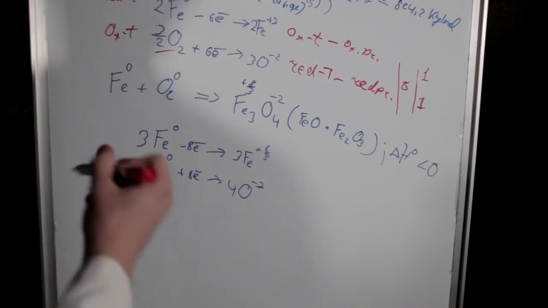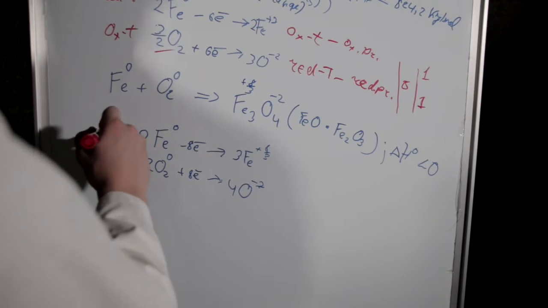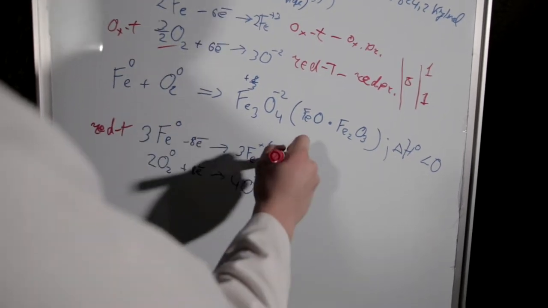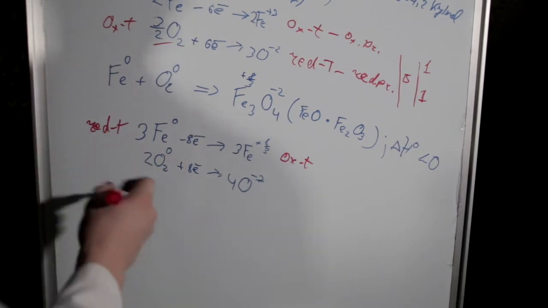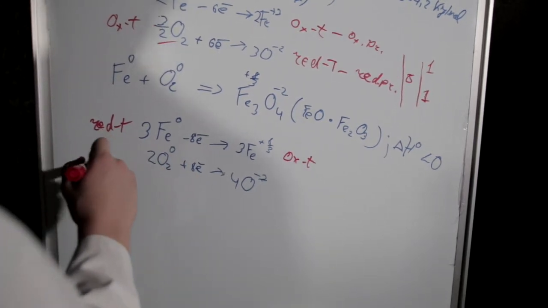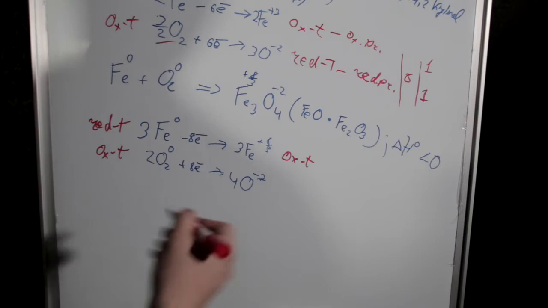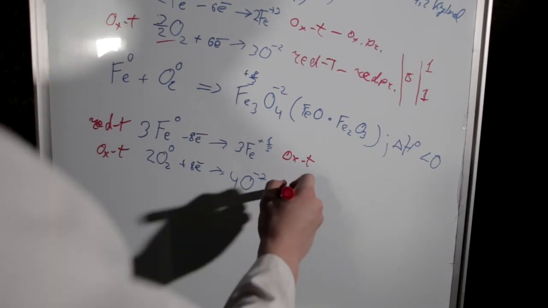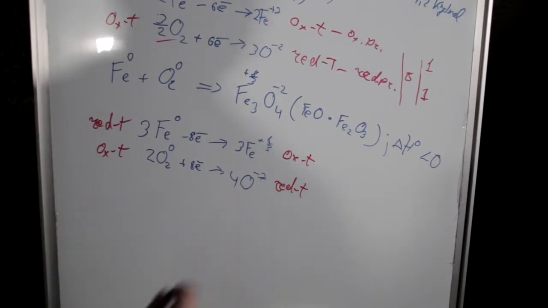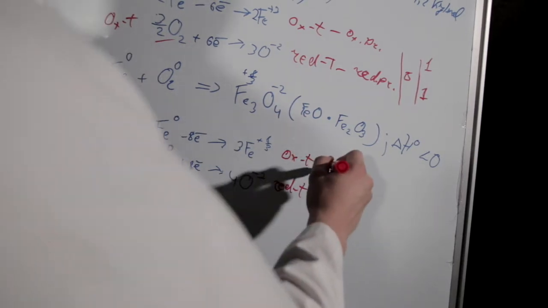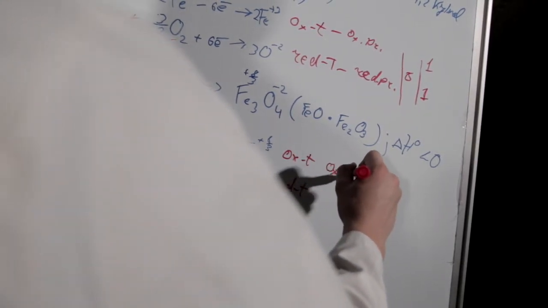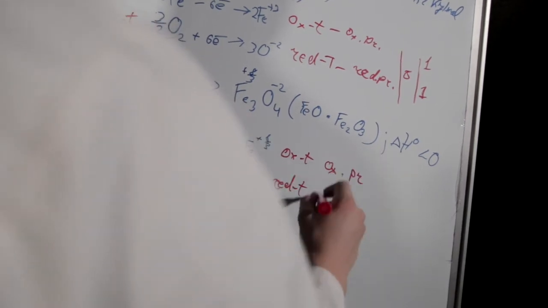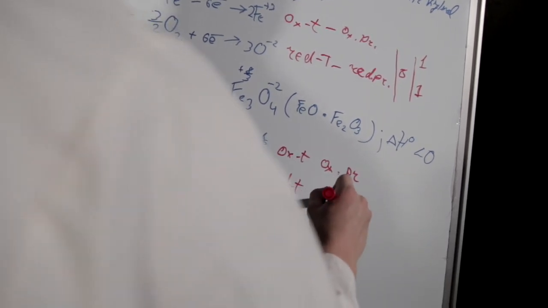So the iron should be a reductant, and in the final state an oxidant. The oxygen should be an oxidant, and in the final state a reductant. It's again an oxidation process, and a reduction process.